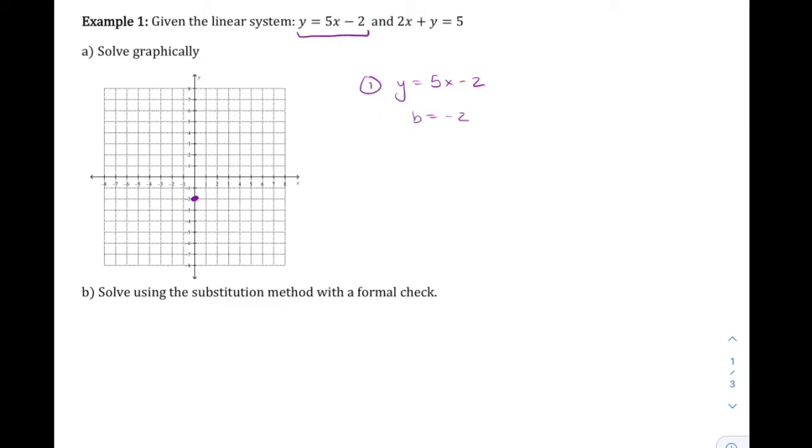Put that onto my grid. We know that the m value is 5, or 5 over 1. So that means we're going to rise 5, 1, 2, 3, 4, 5, and run 1. And we can go in the opposite direction, and we end up with a relatively straight line. That looks something like this.